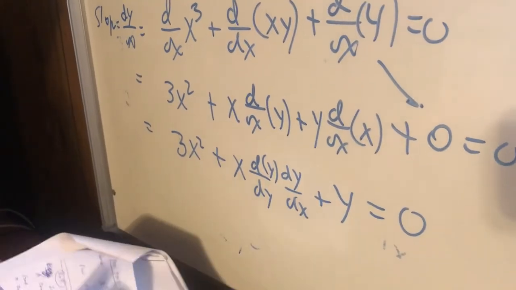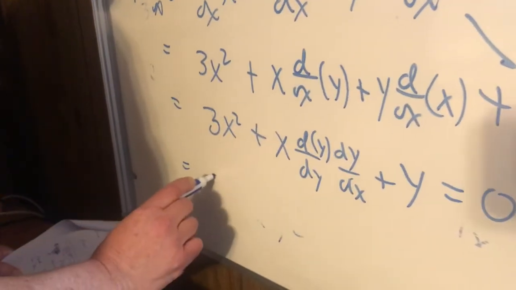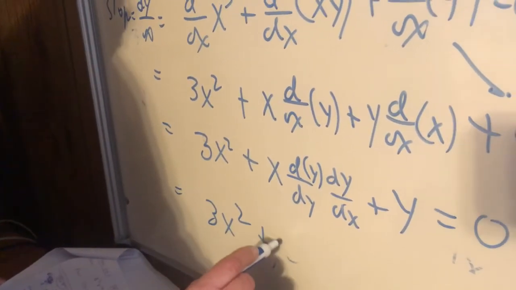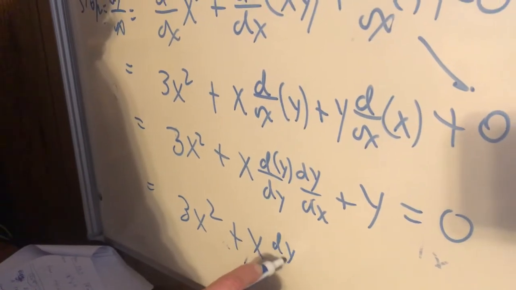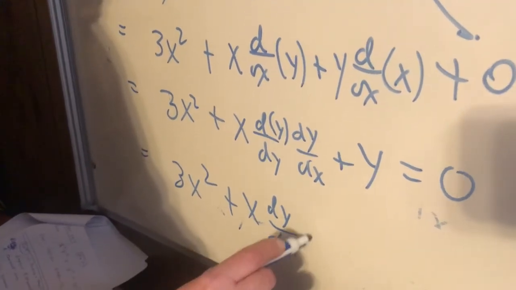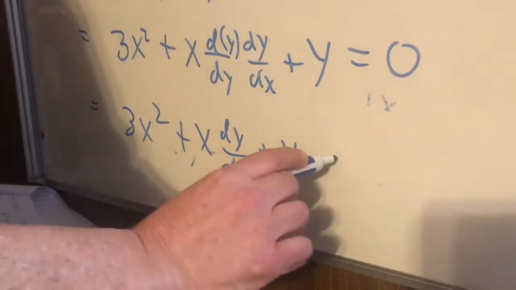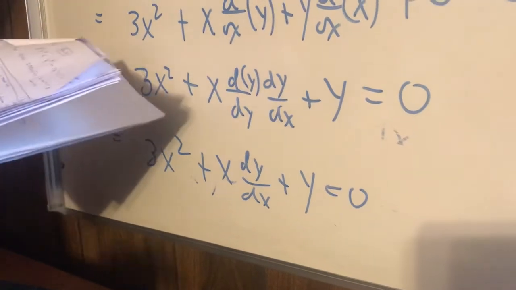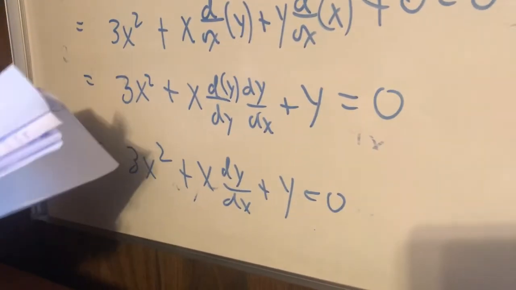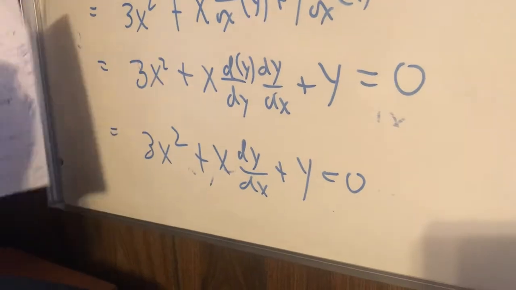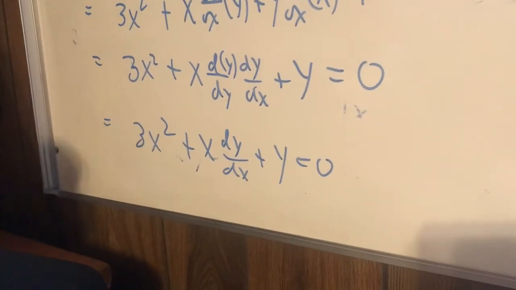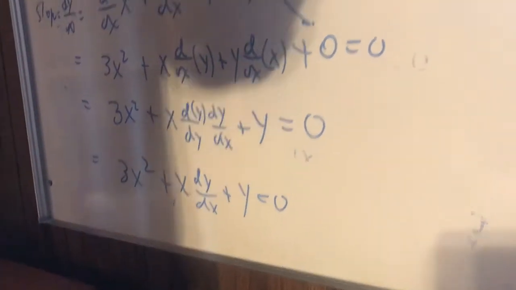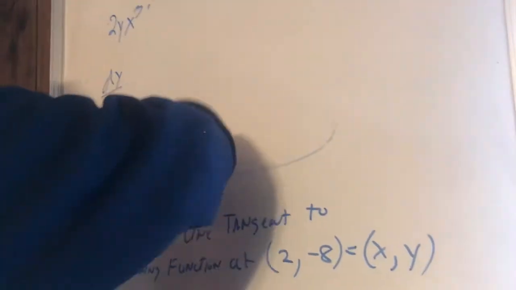So now, again here, 3x squared plus x dy dx plus y equals 0. Notice I only have one term in dy dx this time. So what I'm going to do is solve for it by bringing everything over to the right side except the x dy dx. Let me erase this part up here. This was the solution to the last one.